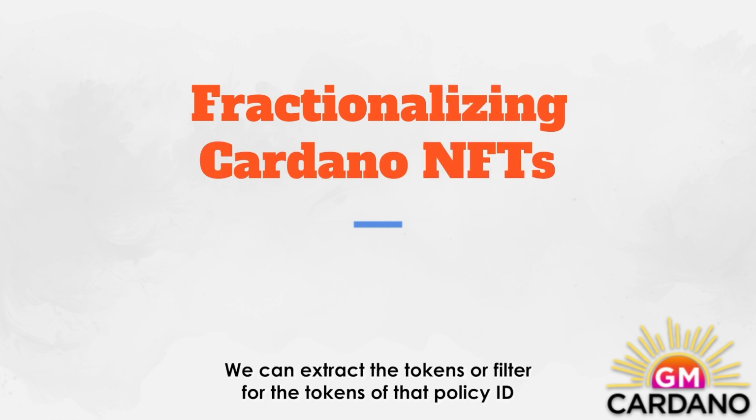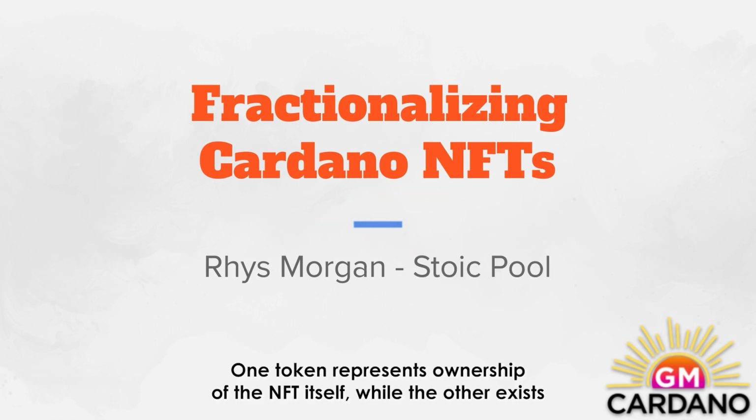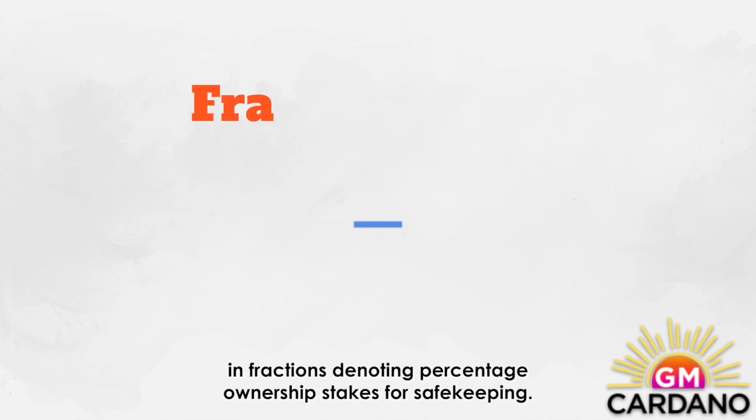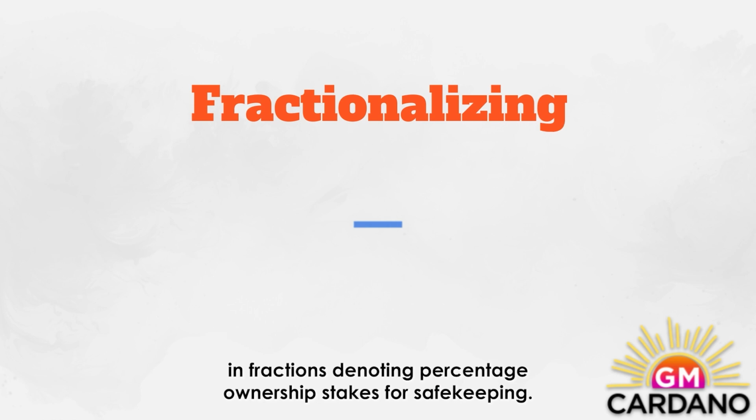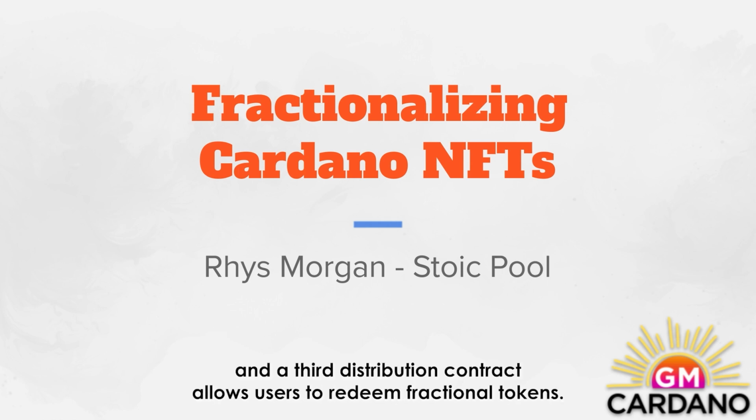We can extract the tokens or filter for the tokens of that policy ID, and then we can put it in a list. One token represents ownership of the NFT itself, while the other exists in fractions denoting percentage ownership stakes. For safekeeping, a separate locking contract holds the NFT token securely to prevent accidental spending, and a third distribution contract allows users to redeem fractional tokens.